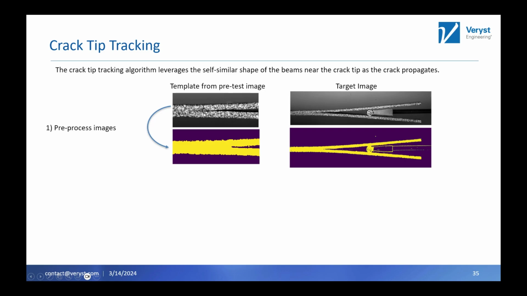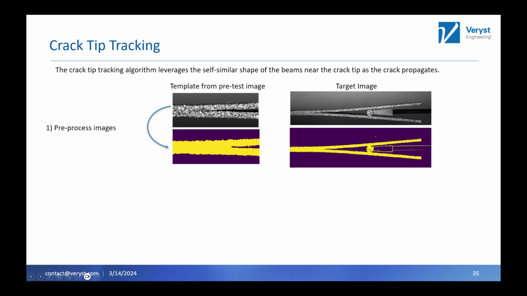Our target image, this particular image, is from about halfway through the video that I showed you a few slides ago. We ask, where in our target image do the beams most look like this, the area with a crack tip where two beams are opening, the crack is open, and there the crack is closed.